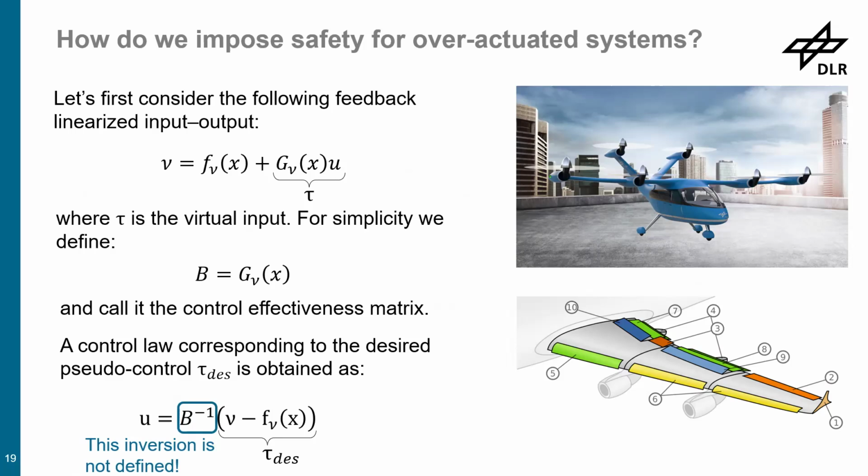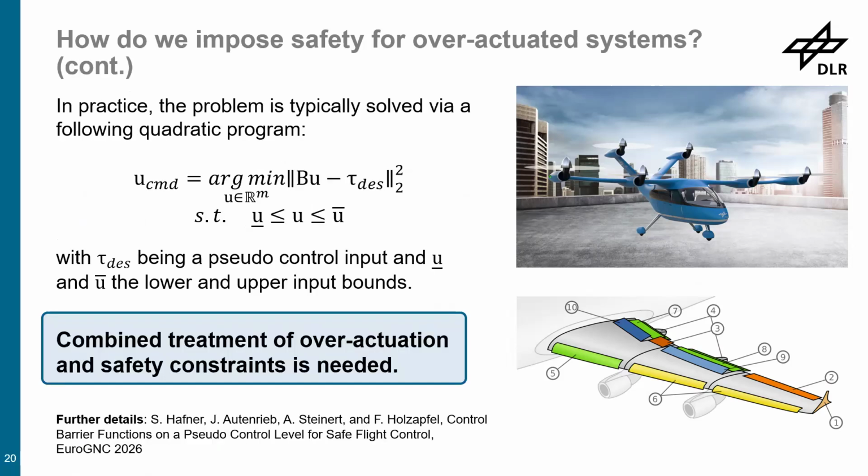Normally what people do is interpret the problem as some sort of search problem, right? Because if you're over-actuated, your mathematical problem is underdetermined, right? So you have multiple solutions to the problem.